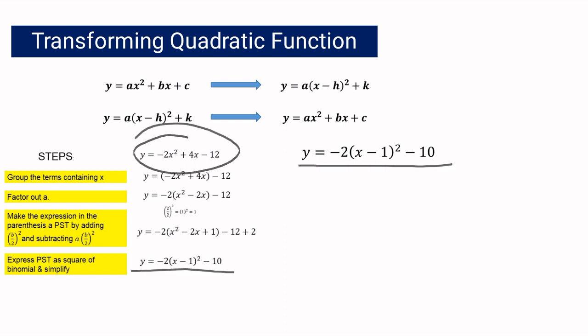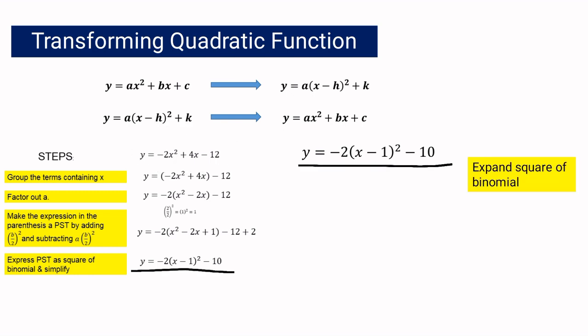This is what we are looking for. What are you going to do? Let us follow several steps. Number 1, you need to expand the square of the binomial. You are just going to expand it. So you're just going to copy negative 2, x minus 1 squared. How are you going to simplify? The rule is, you need to square the first term.